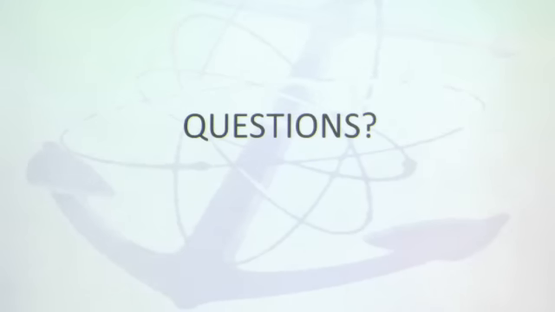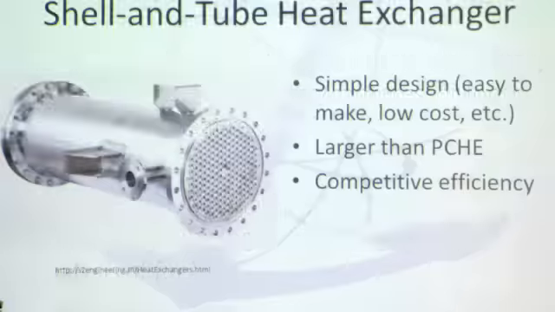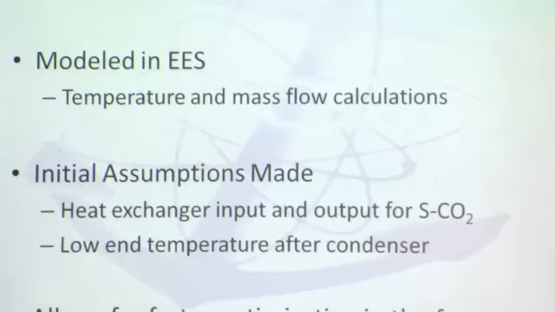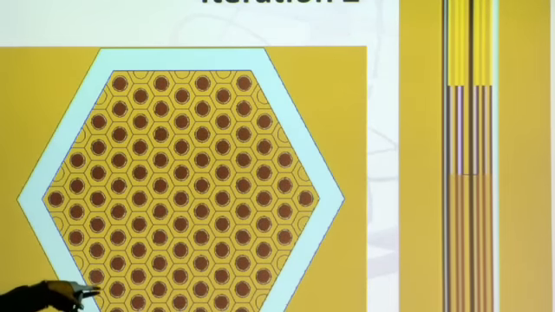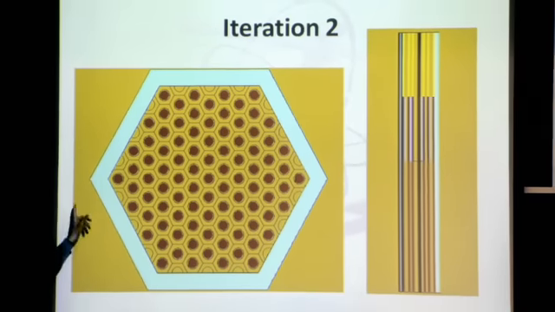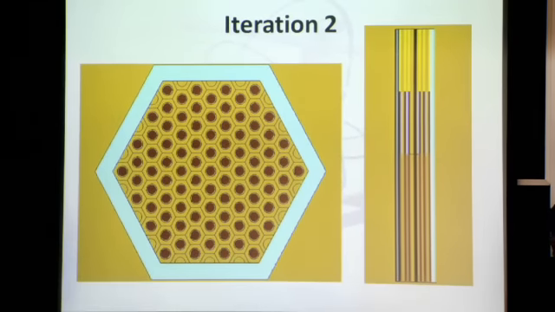Another question is, do you only have coolant flowing around the outside of the core? The core picture doesn't have the resolution. In the assembly diagram, all orange here is coolant, and then there's a gap between every assembly, and then there's a gap on the whole core.